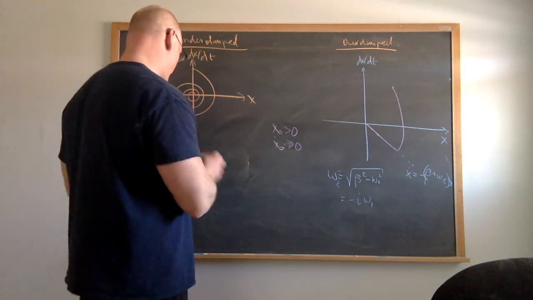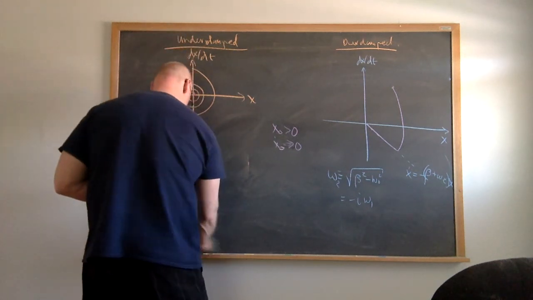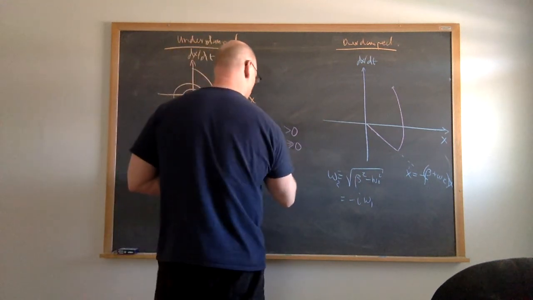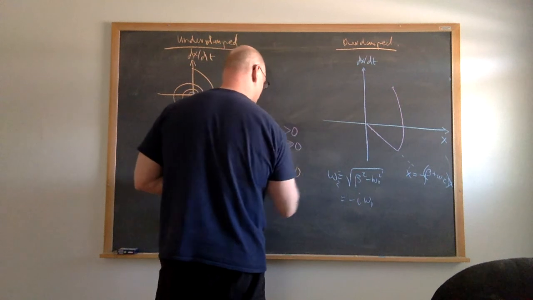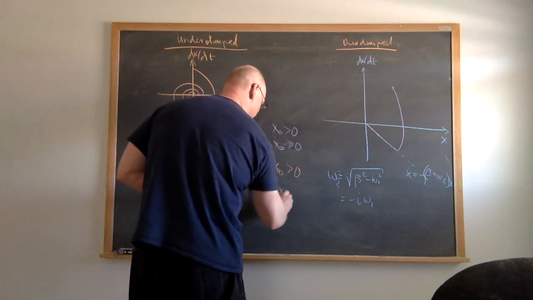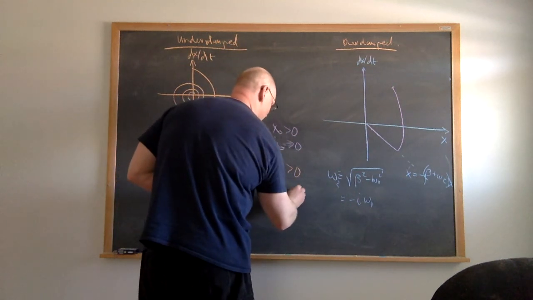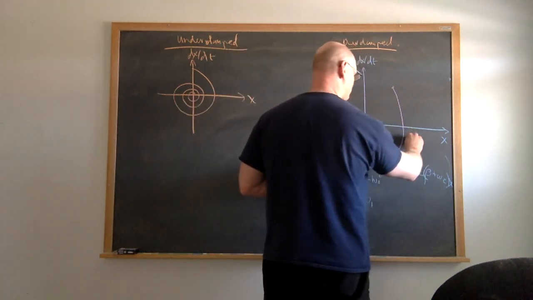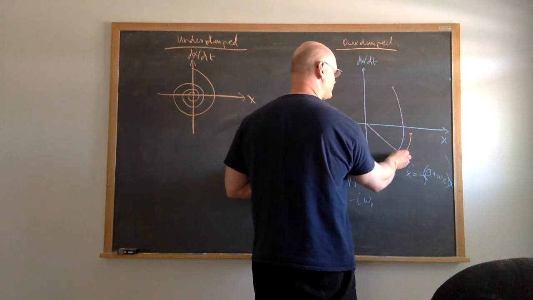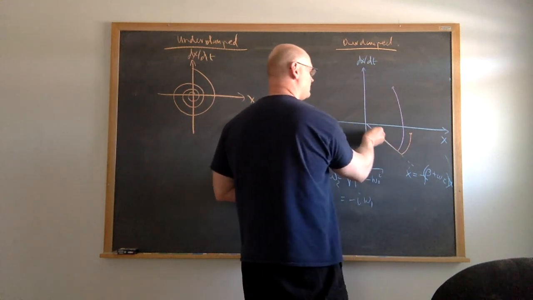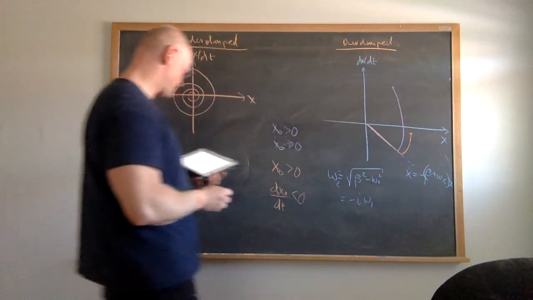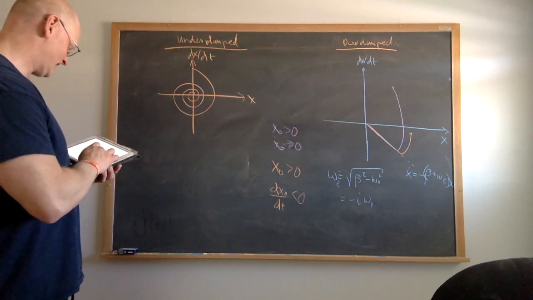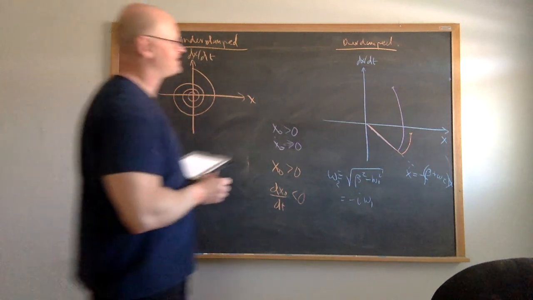Now if I start off with one where, let's use a different color, what haven't I used yet? I guess orange is fine. We're going to use that x0 is greater than 0, but the derivative is less than 0, so this thing is going to start off, say, something here. Again, it's going to quickly decay to this asymptote and then ride along this particular asymptote. This thing can easily change signs, as we're seeing here.